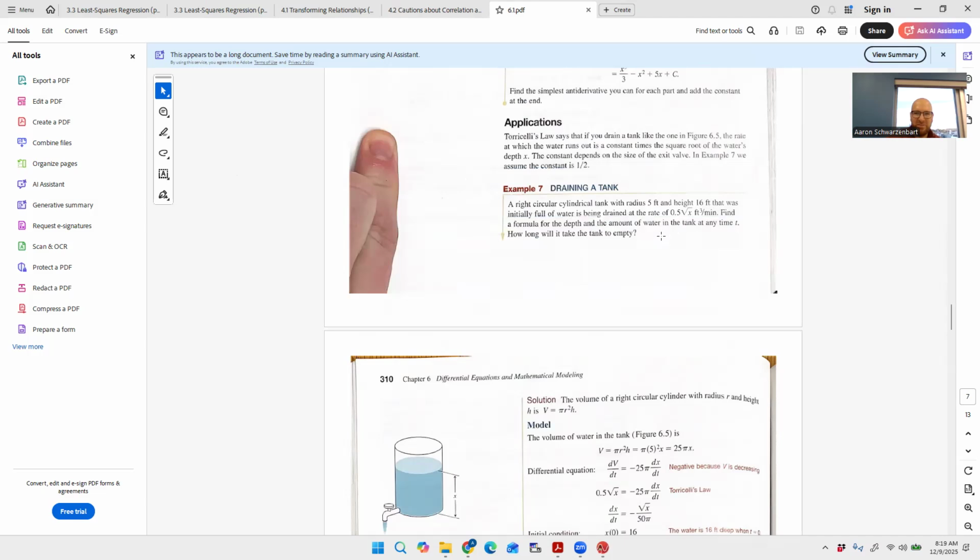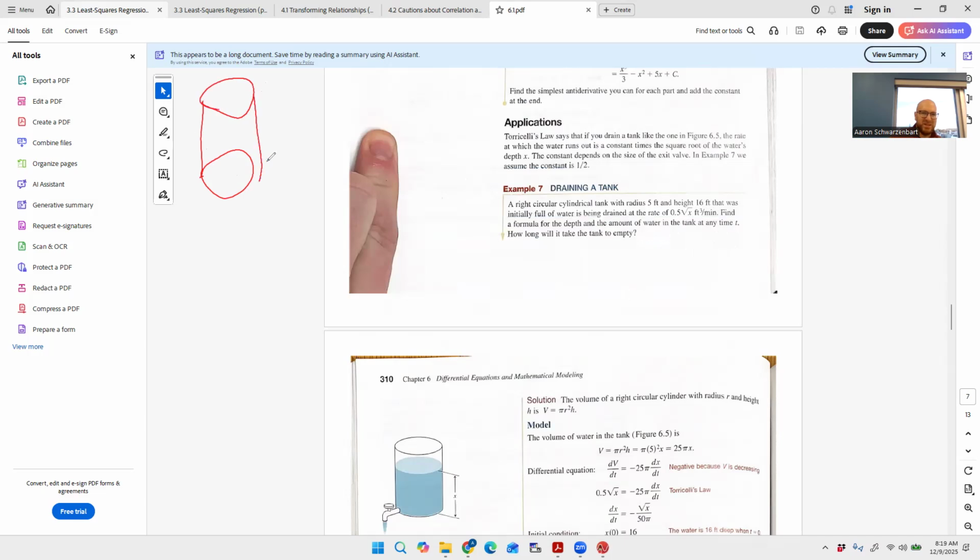Find the formula for the depth of the amount of water in the tank at any time. So it's a right cylinder. The radius is always going to be full, right? The height is changing.